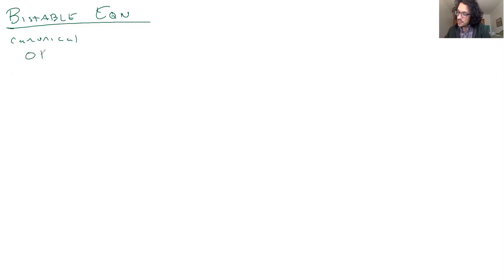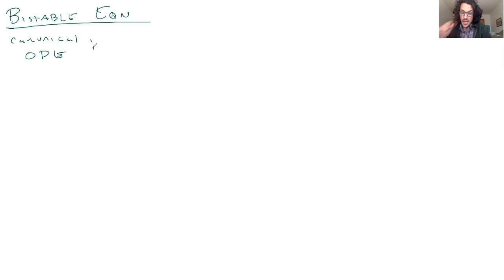Okay, so let's continue talking about the bistable equation and how we derive traveling wave solutions. Remember that the canonical ODE for the bistable equation has 3 fixed points, 2 stable, 1 unstable.